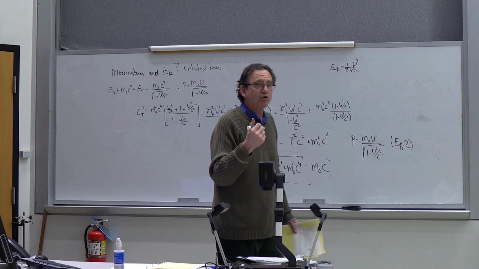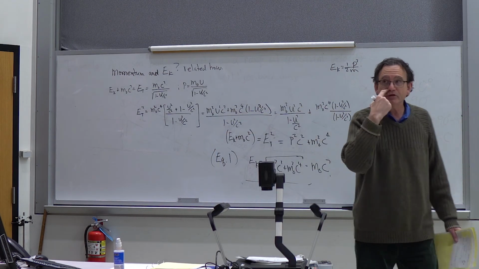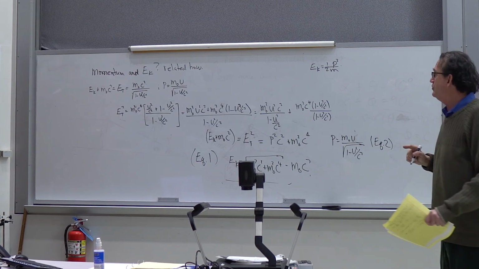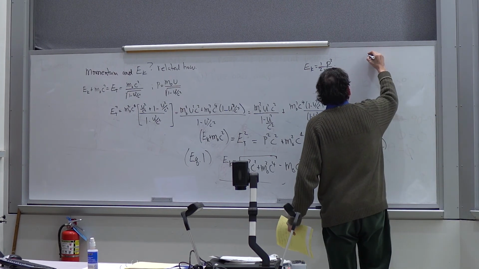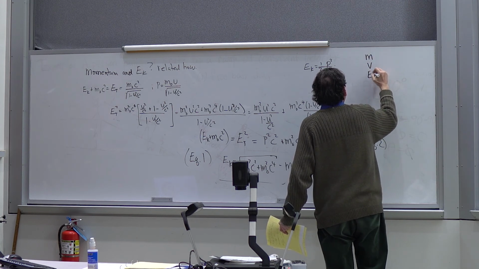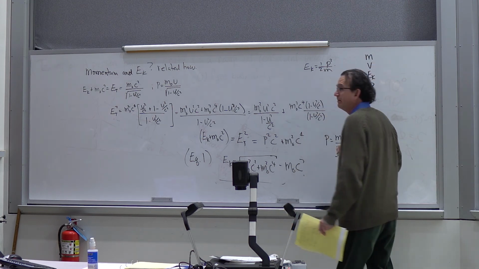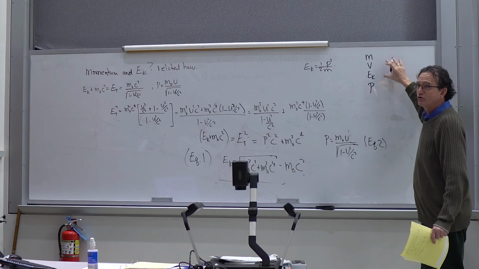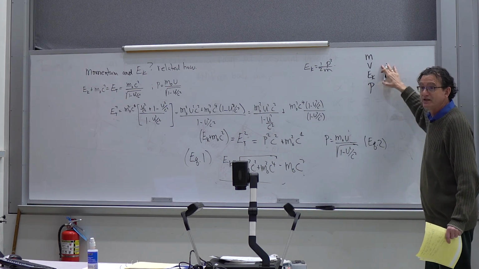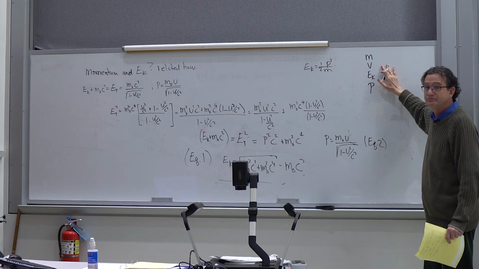So let me make one more comment before you go. Notice that all of these equations, whether classical or the new ones, have 4 parameters: mass, velocity, kinetic energy, and momentum. The basic truth of both of these systems is that if I know any 2 of these, I can calculate the other 2.